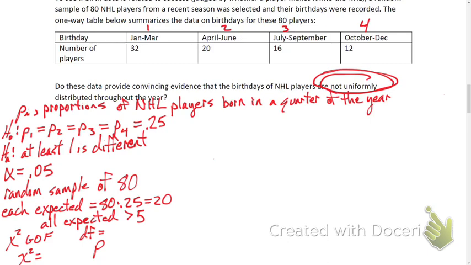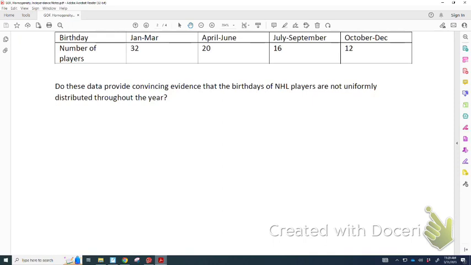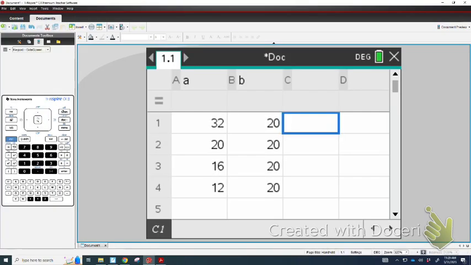So let's dive into the calculator and give it a shot. The next thing that people struggle with is, what do we do on the calculator? So I need to compare the observed values, these here, to expected. And the only way I can think to do that is with a spreadsheet.